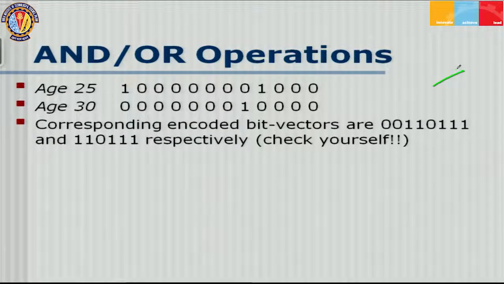So age 25 and age 30, these are the two bit vectors. The corresponding encoded bit vectors are 00 110 111 and 110 111 respectively. And by now I think you are in a position to see that these are the correct run length encoded versions of the given bit vectors. So I'm not going to show it again, let us assume that these are correct.